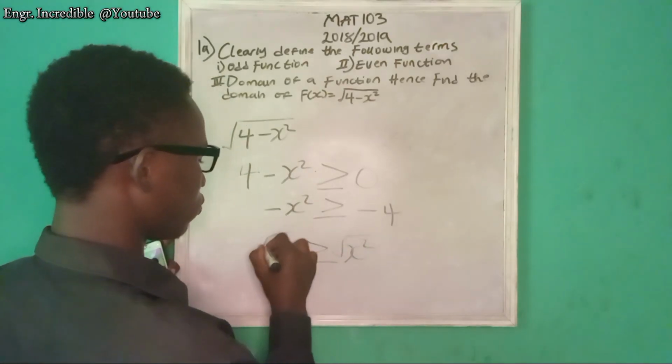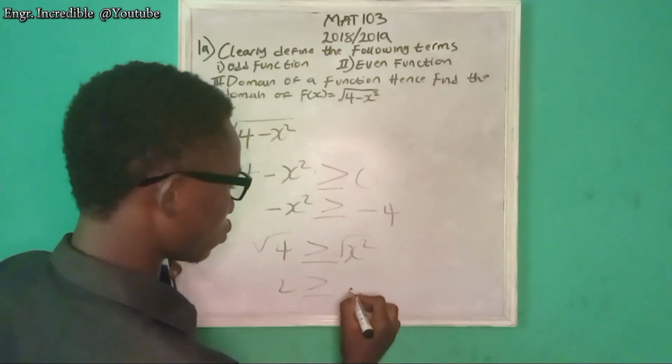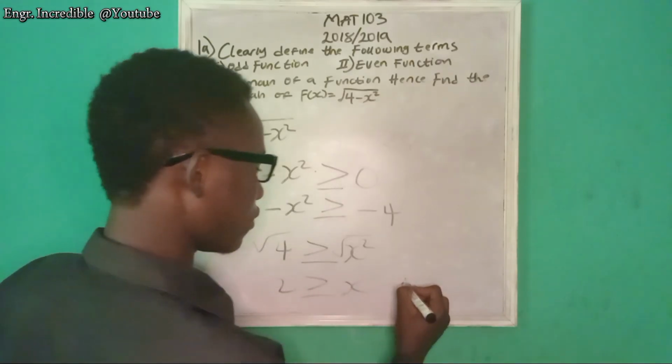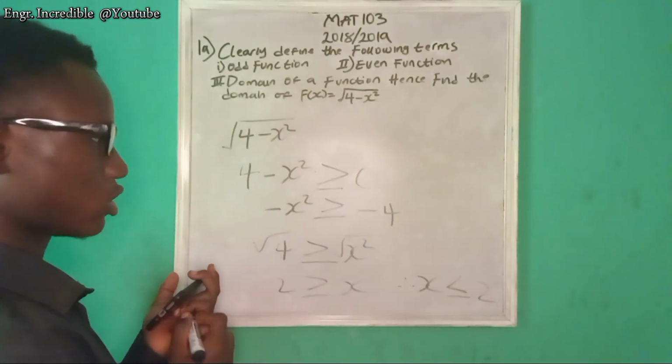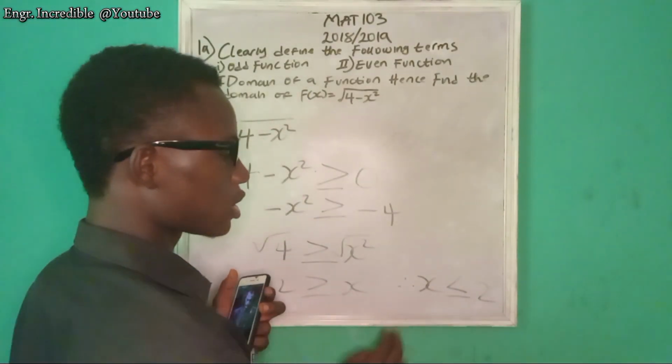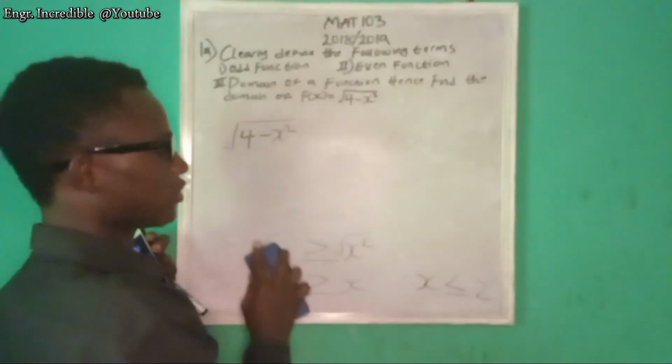Find the square root of both sides. We have 2 is greater than or equal to x. Therefore x is less than or equal to 2. So now the domain of the function is x is less than or equal to 2.